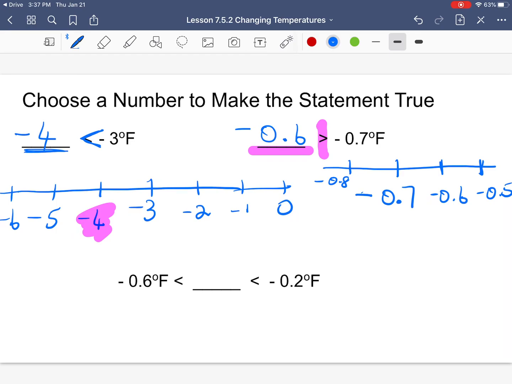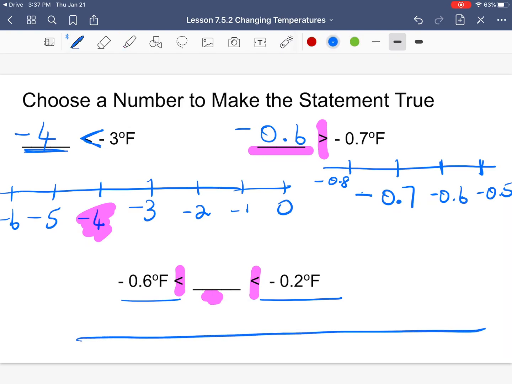And in our final question at the bottom of the screen here, we're looking for a number which is in between -0.6 and -0.2. And I know it's in between because I'm looking at these inequality symbols, and the number here is going to be greater because the inequality is wider here. It's going to be greater than -0.6. So I'm going to look at the number line, which I can draw quickly here.